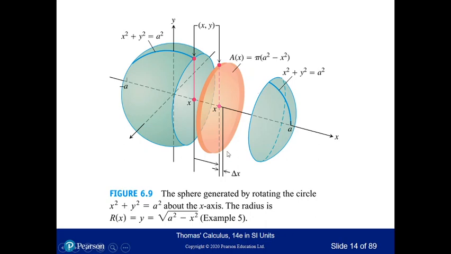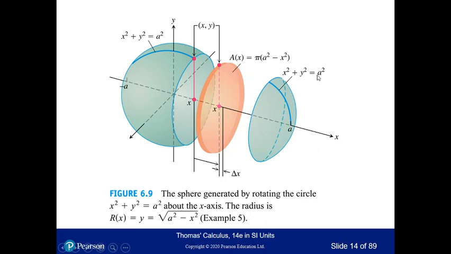Okay, and then we just integrate that from negative a to a. We are going to integrate because x changes from negative a to a. You can consider that this semicircle is just rotated around the x-axis. This semicircle is x squared plus y squared is equal to a squared. That's the formula.